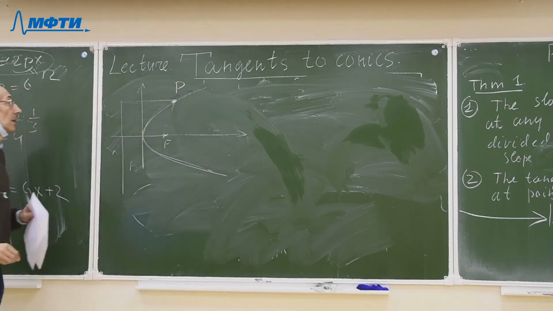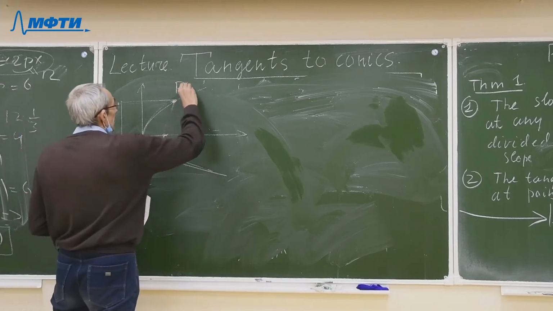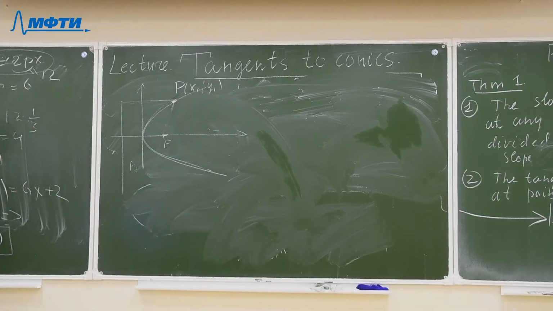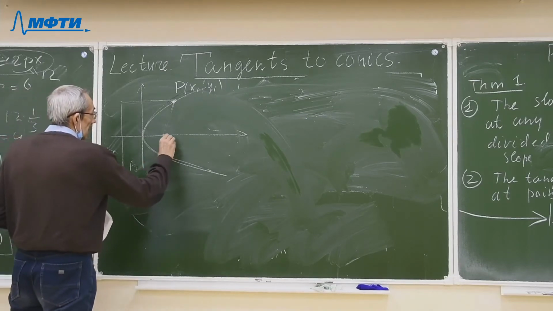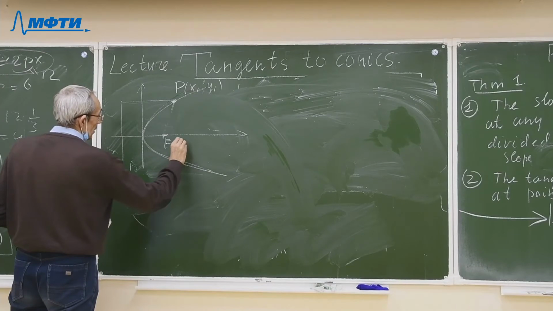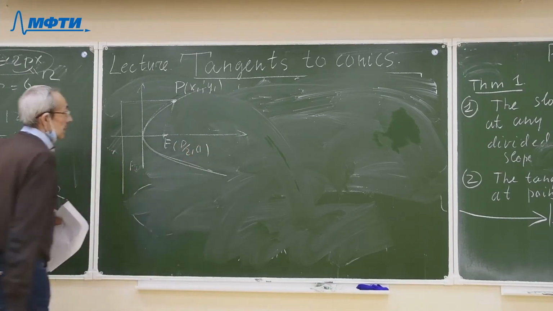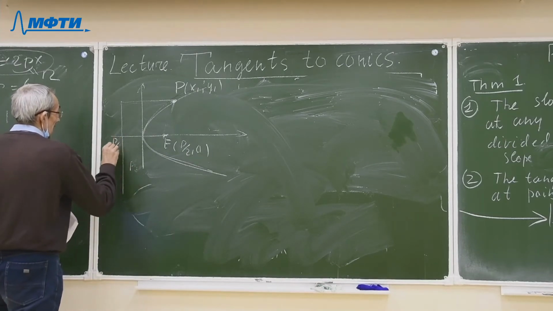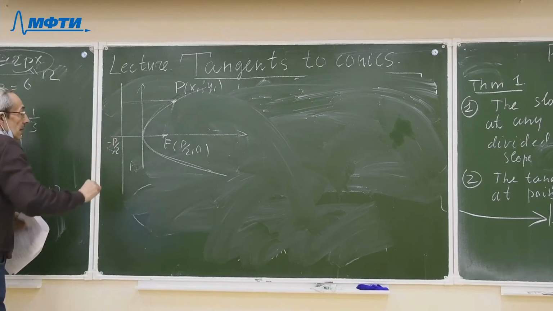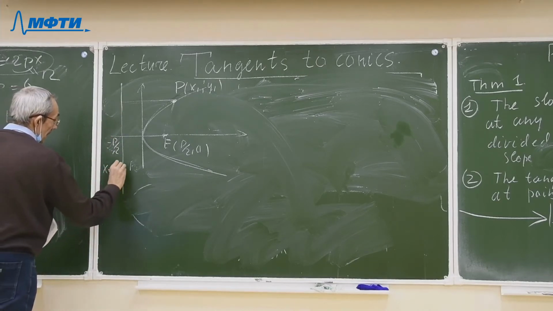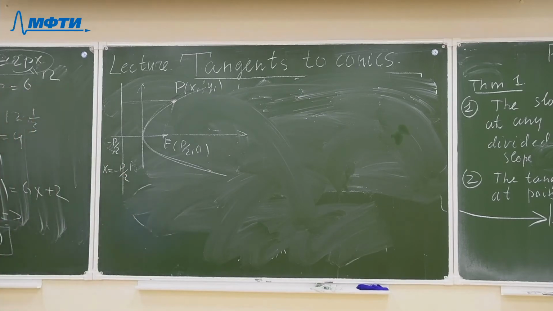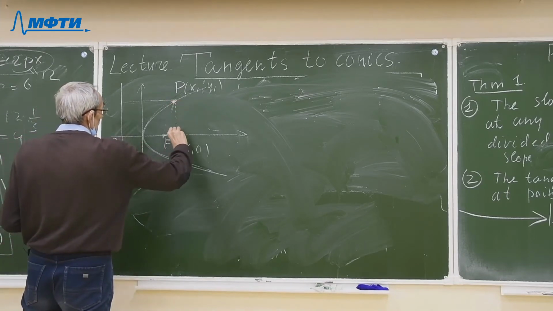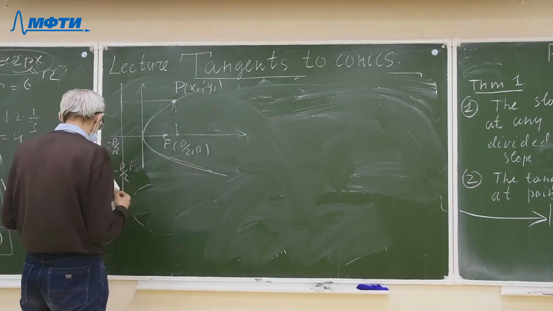Let P be some arbitrary point of the parabola which has the coordinates x1, y1. Let F be the focus which has the coordinates p divided by 2, 0, and we also have the directrix which has the equation x is equal to minus p divided by 2.